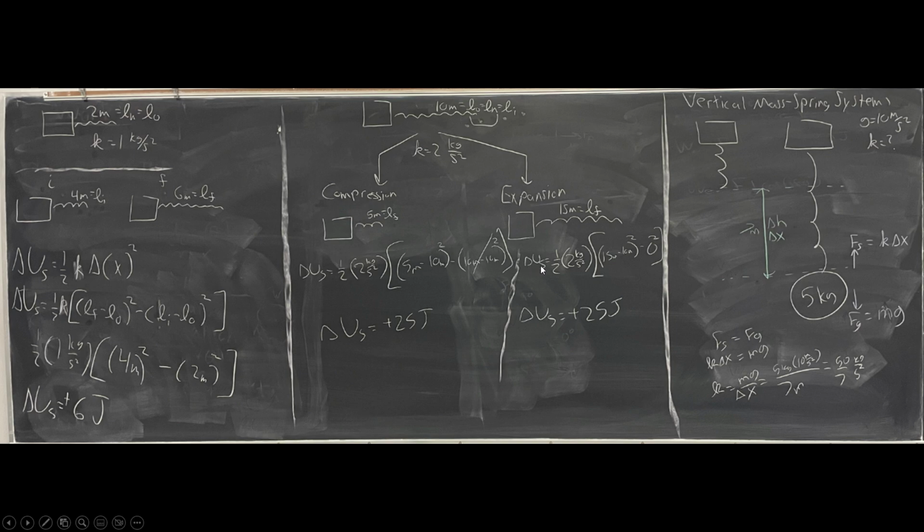That would mean that delta U_s equals 1/2 times 2 kilograms per second squared times the quantity L_f minus L_i, which would be 15 meters minus the resting position of 10, and then that gets squared, minus, just like before, the initial length of 10 minus the resting position of 10 meters, and then we square that. So this still gives us positive 25 joules of energy.